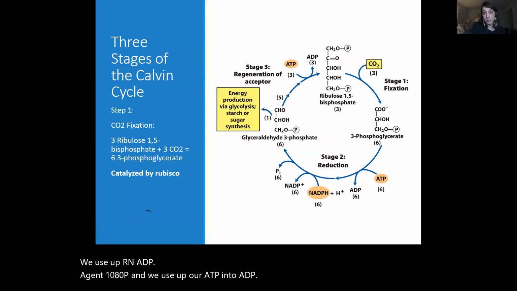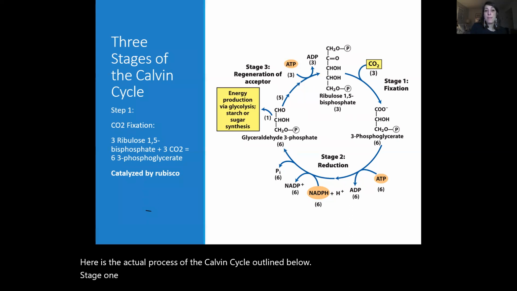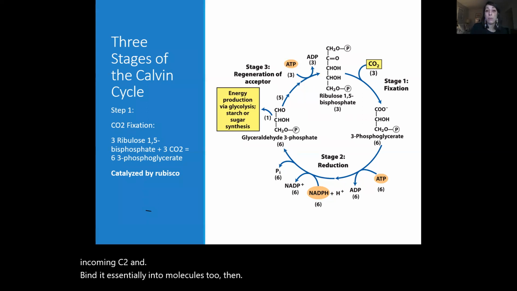Here is the actual process of the Calvin cycle outlined below. Stage 1 is what's called the fixation stage. This is where we're going to actually take incoming CO2 and bind it essentially into molecules to then form our final products.